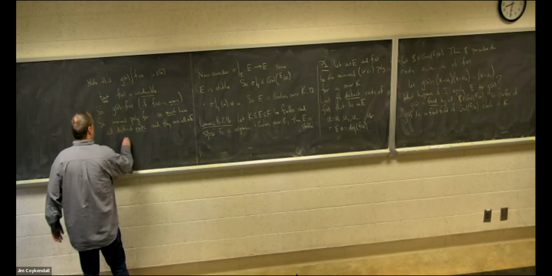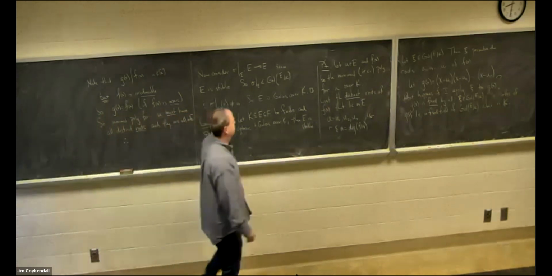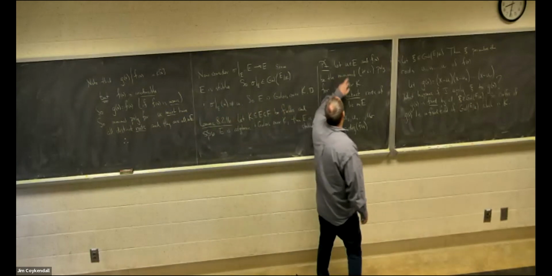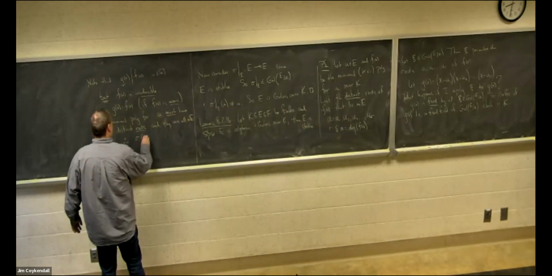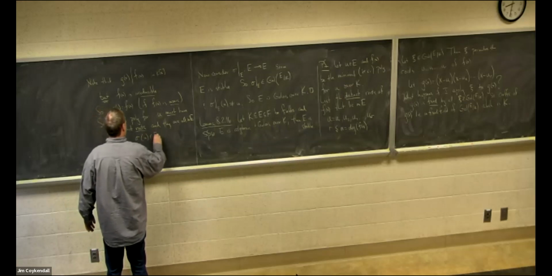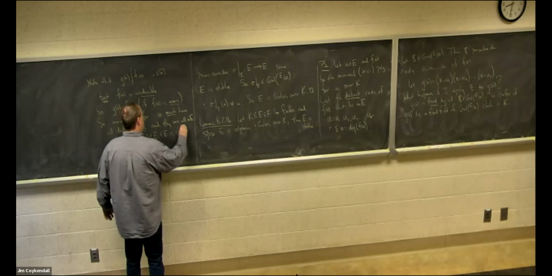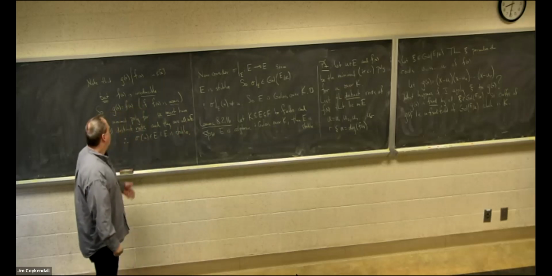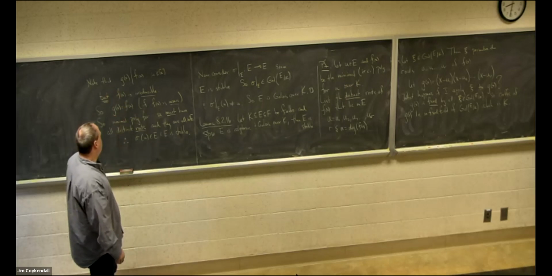Therefore, here's kind of the anticlimactic end to our proof. This means that sigma of u is in E, and that is the statement. But I think that really these few lines of observation are far more important.